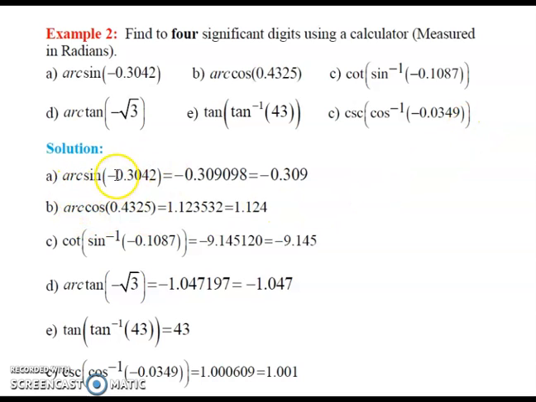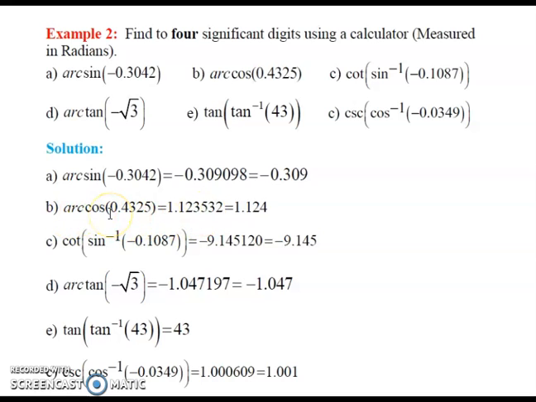Arc sine of -0.3042. This is measured using radians only, which gives -0.309098. But in the example, we have to write the answer up to 4 significant digits. So we can write -0.3090.